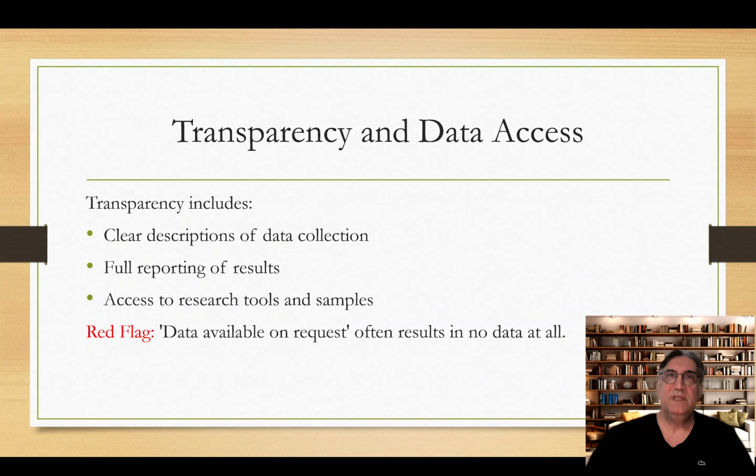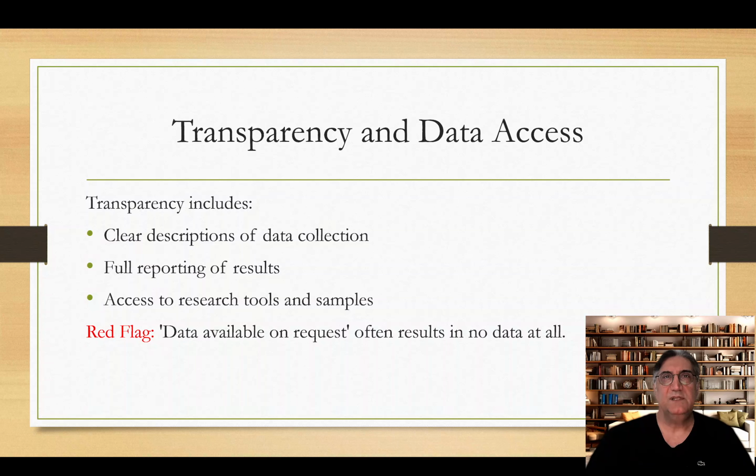The next topic is transparency and data access. Transparency is another critical ethical marker. This includes full disclosure of how the data was collected and analyzed, open access to instruments like interview guides, and a clear trail from raw data to conclusion.